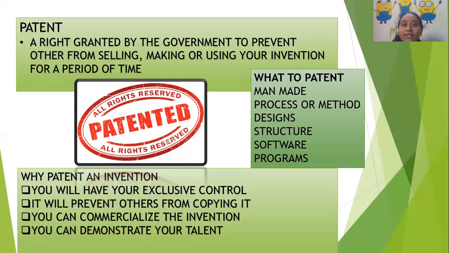Designs, a particular design made by an individual or a company, can be registered as a patent. Structures, different types of structure, can be registered as a patent. Then software, a software program that is completely prepared by that person individually. He has prepared that program, and in that case only can he get a patent for it.